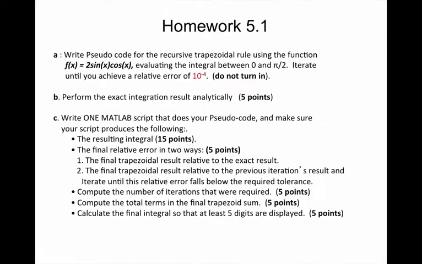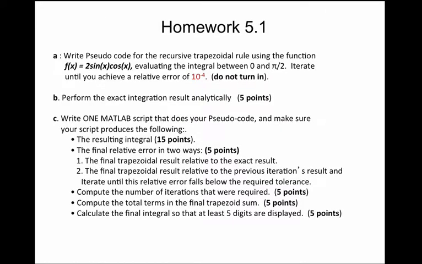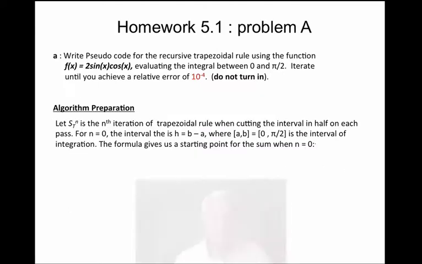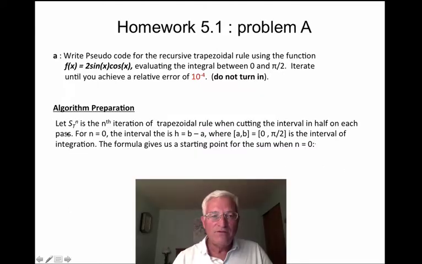Well, we're ready to go ahead and try this algorithm and see if we can get it to work. We need to develop a final answer, which we're going to call S. Here I'm calling it S sub t, meaning sum of trapezoids at the nth iteration.